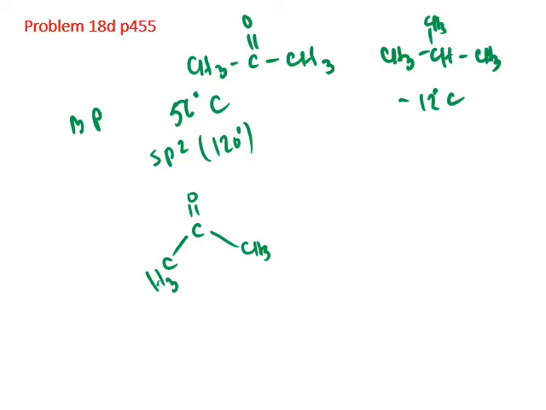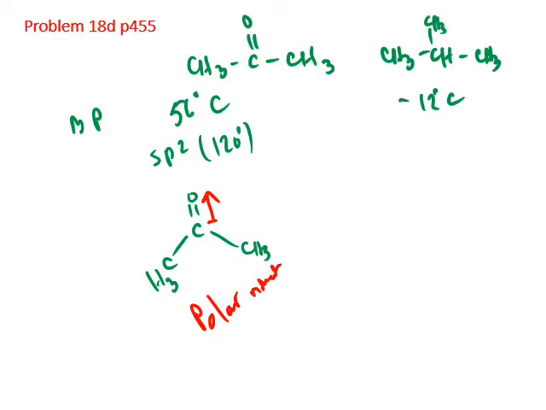Now you can see that oxygen is more electronegative than carbon, so we can draw the dipole moment, the force that's pulling electrons away from carbon. So overall, this is a polar molecule.